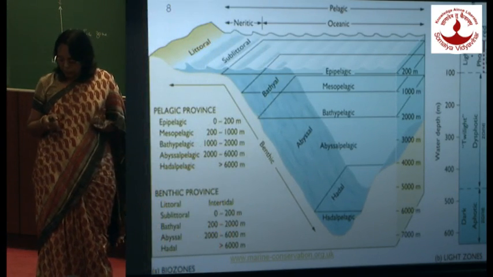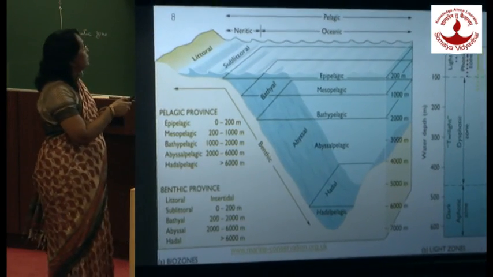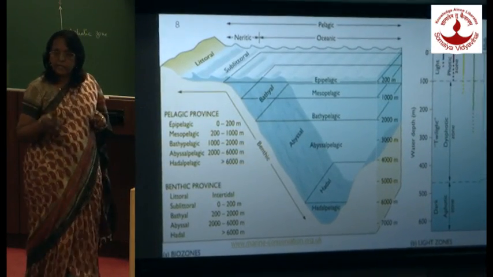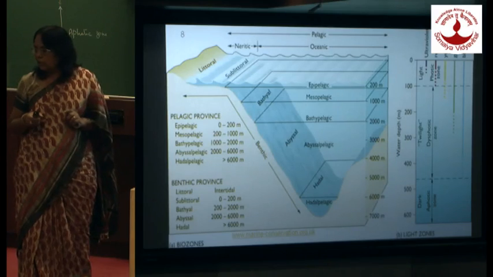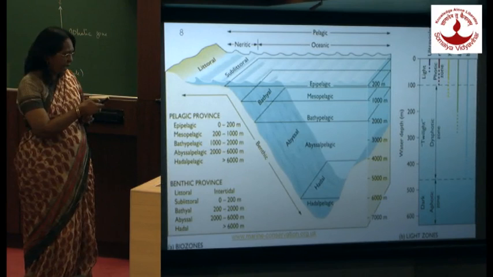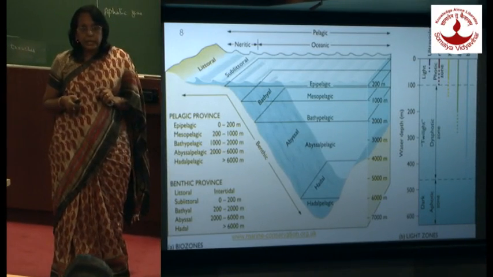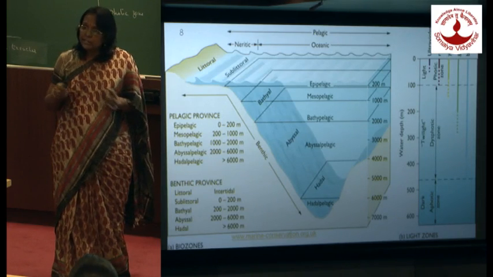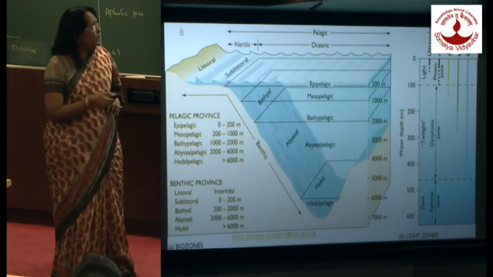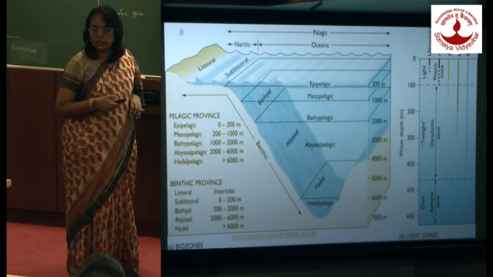Alright? Now, you have to also imagine that the entire mass of water here is filled with animals. There is a huge biodiversity of animals in here. And each animal is adapted to its own type of habitat. And see, there are animals right at the surface, there are animals at the bottom also.